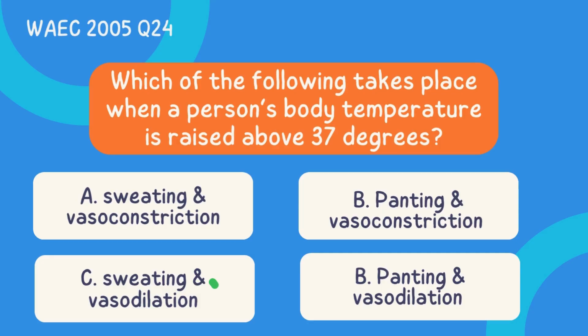B, panting and vasoconstriction. C, sweating and vasodilation. And D, panting and vasodilation. Look at the pairing of the processes and pick the two which correctly go for hot temperature.